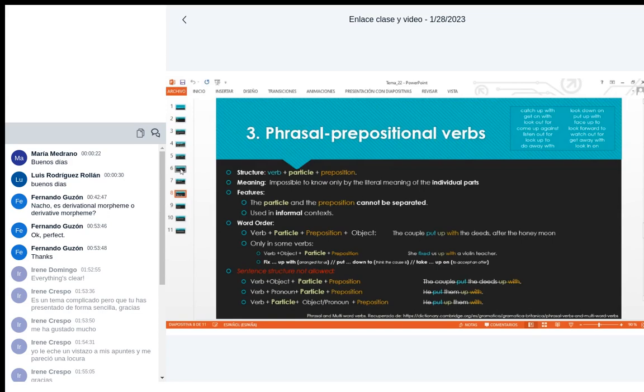Now, the same happens with the second word order. For example, the verb plus the pronoun plus the particle plus the preposition, which is actually the same thing as the first example, where he says "he put them up with." Again, in this example, the pronoun is going to affect only the word put.